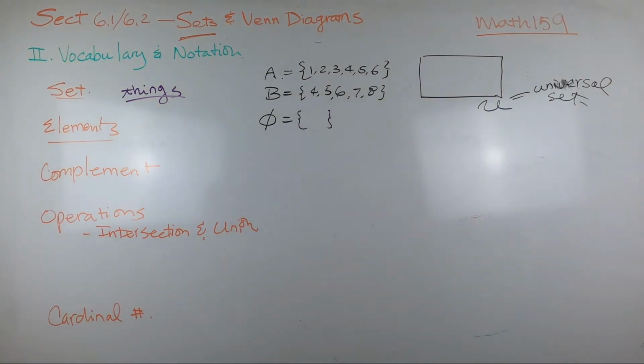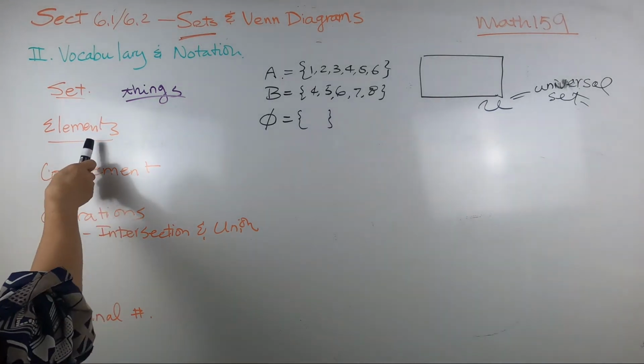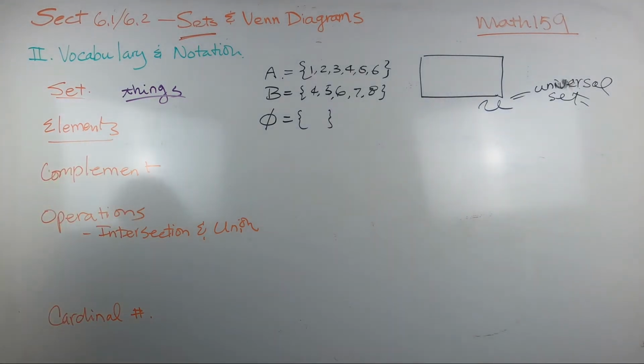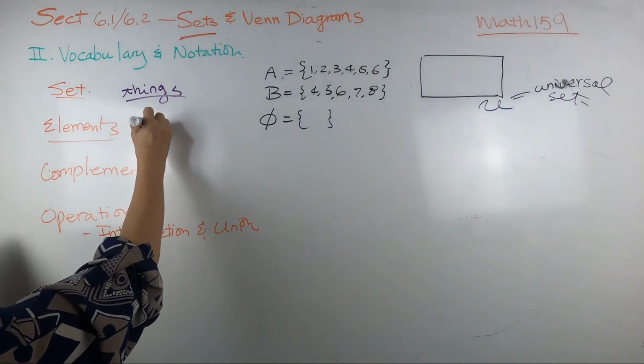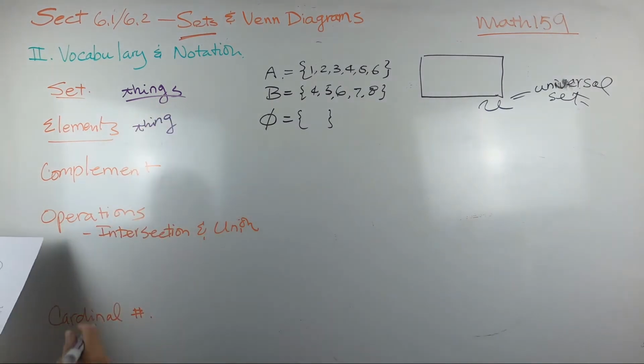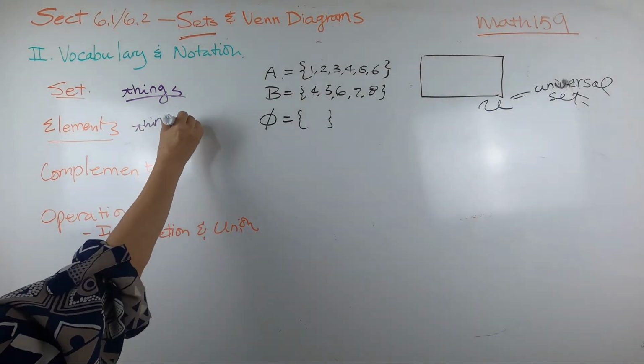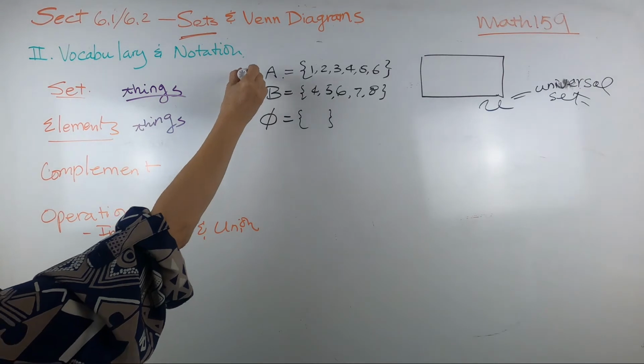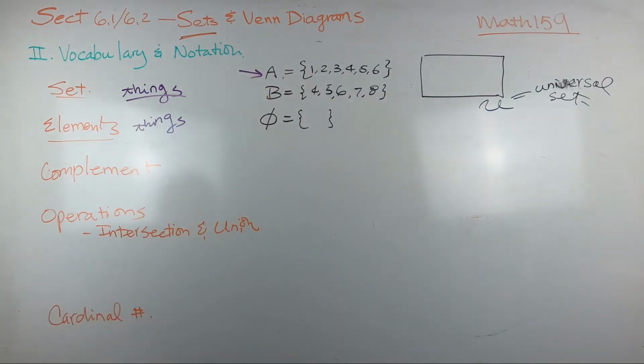Next thing we are going to talk about is called elements. What are elements? The things in the set we call elements. So we say A is a set. What are its elements?